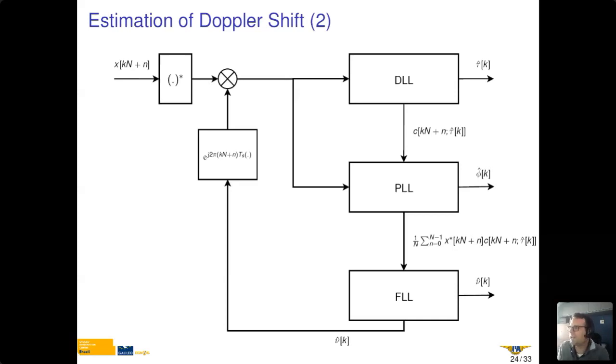Then the three loops output time delay, phase, and Doppler, while only the Doppler frequency is fed back in front of the DLL and PLL. But as I mentioned, this is only one choice of the architecture. You could also just cut out the FLL here and just feed back the phase estimate at any time instant. And this also would correct phase and Doppler in front of the DLL and the PLL.